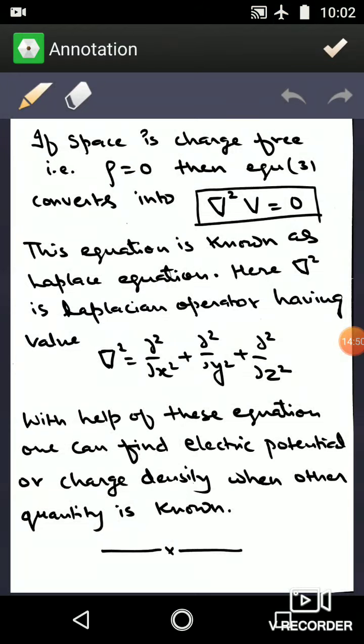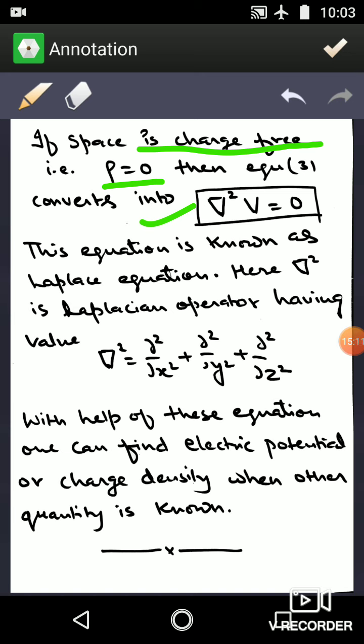Let us consider that if space is charge free, there is no charge in space, then charge density will be equal to 0, that is, rho is equal to 0. Therefore in Poisson equation we can put rho equal to 0. Then what we get is del square V is equal to 0.